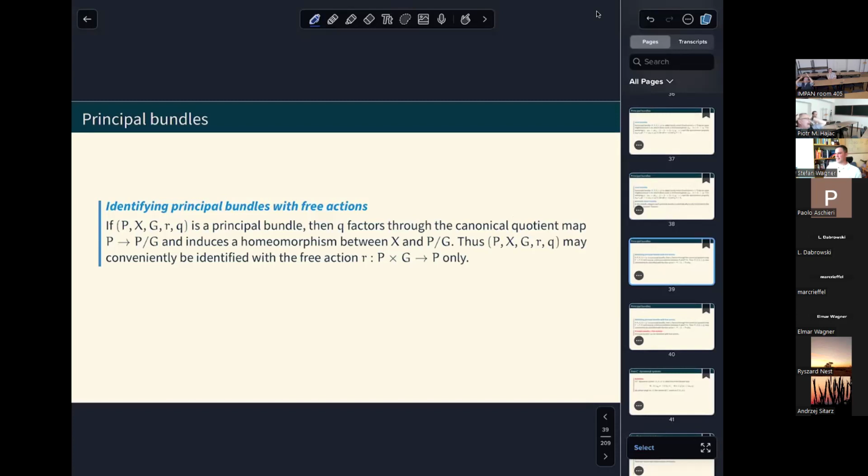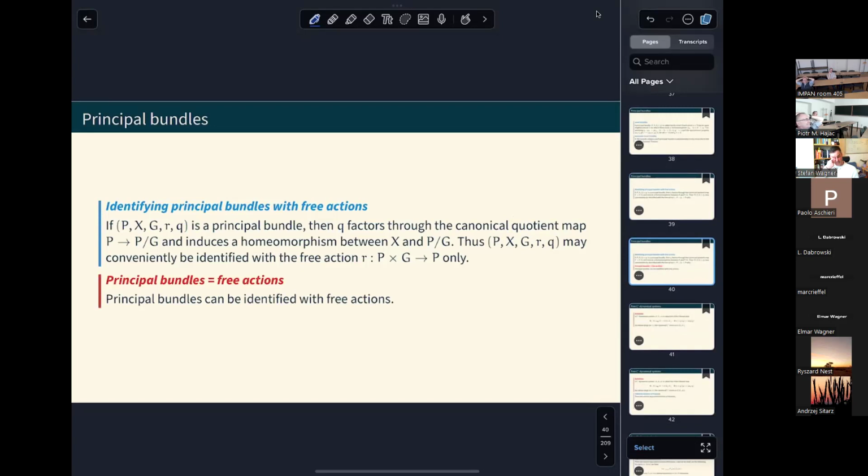If you start with this more general definition, you see that this projection map factors through the canonical projection. In particular, the base space is homeomorphic to the quotient, which means that principal bundles can be conveniently identified with the free action. In this compact setting, having this object is the same as just the R, if you want, or the P and the G. So my takeaway is that in the compact setting, principal bundles are the same thing as free actions.